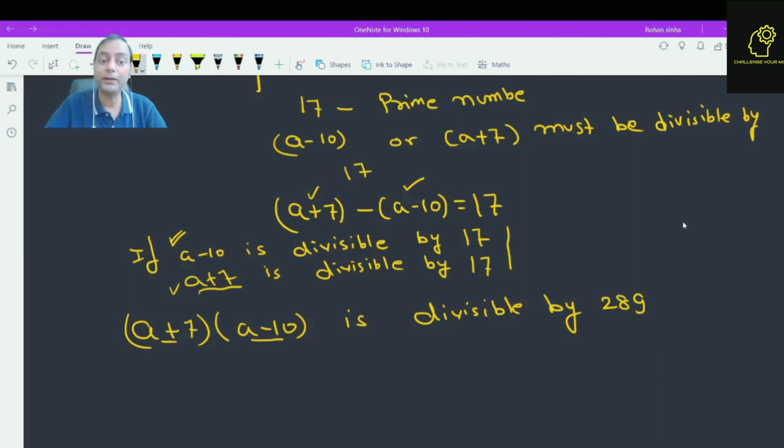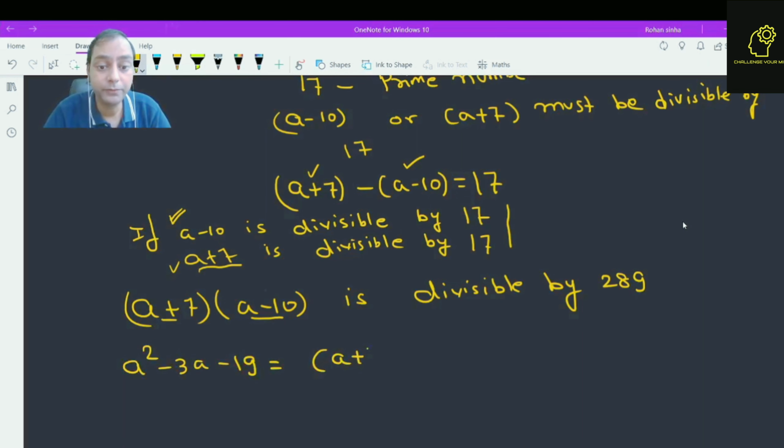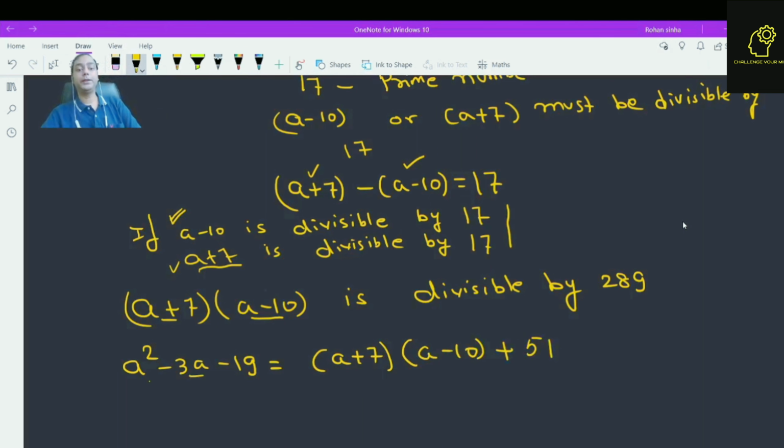So finally, what conclusion do we draw? a square minus 3a minus 19 is equal to a plus 7 into a minus 10 plus 51. If this is divisible by 289, this must be divisible by 17 also, and we know that 51 is divisible by 17 because 51 is 17 into 3.